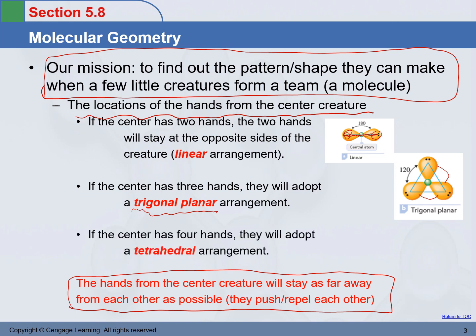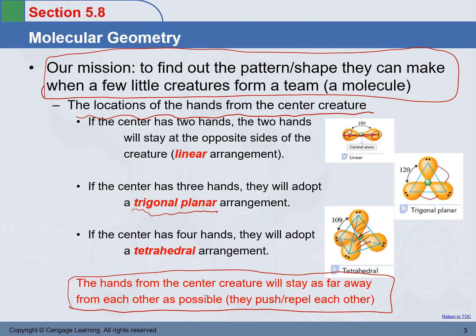What about four? What if the little creature at the center has four hands? Now think about it. This is kind of hard to describe or to think about, but let me show you the final positions of the four hands. That's where they will be, all balanced out. They will form a geometry, a shape with four surfaces.